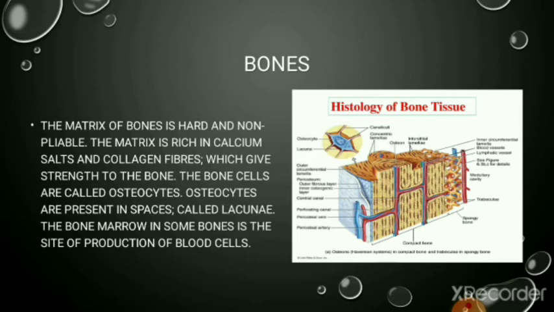In long bones we can easily observe, as you can see in the diagram, lacunae and sinuses in which osteocytes are found. The bone marrow in some bones is the site of production of blood cells. So in long bones usually hemopoietic cells are present, or the cells of bone marrow, we can say in easy language, that they form the blood cells, that is RBC, WBC.